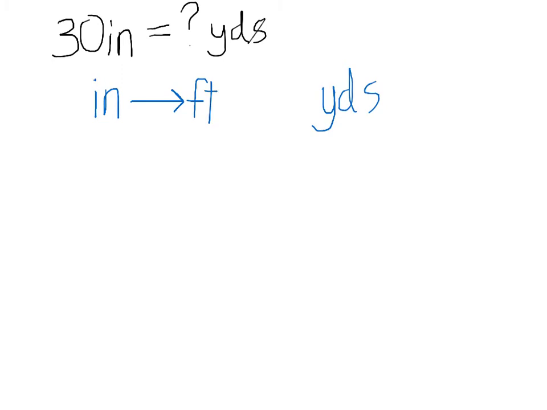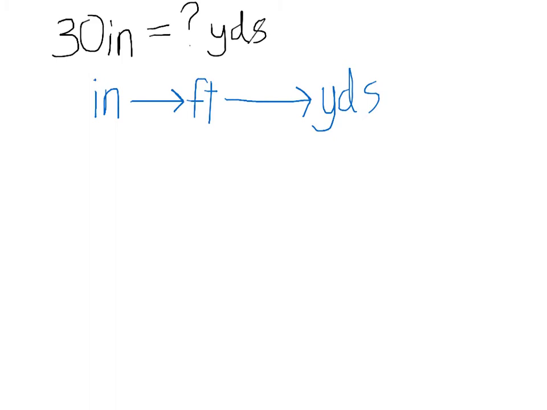And then we know how to get from feet to yards, right? We know that there's 12 inches in a foot and there's 3 feet in a yard. So therefore, we know how to go from inches to feet and then feet to yards. So we're simply going to do dimensional analysis twice. 1 step, 2 steps.